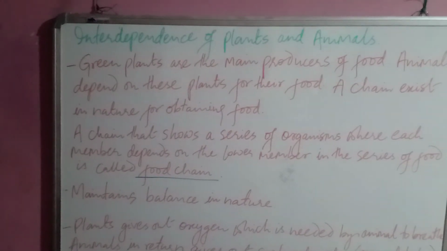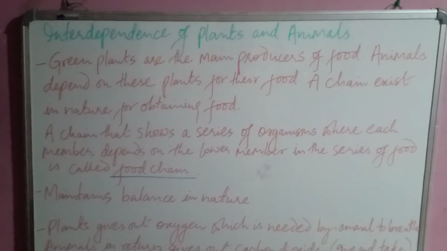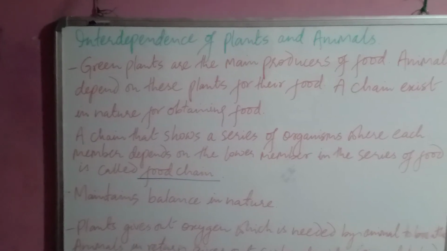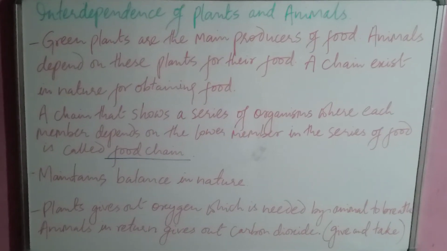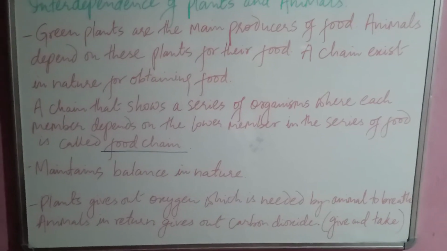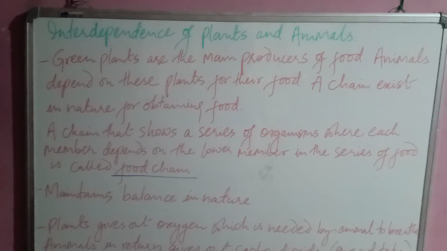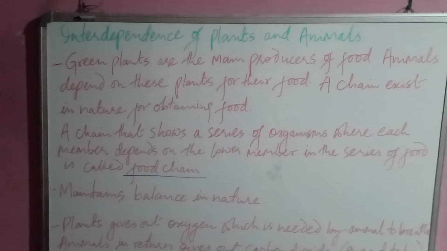So it shows that these foods are interrelated or interdependent on each other. Thus a chain that shows a series of organisms where each member depends on the lower member in the series for food is called a food chain. That means each member depends on the lower member of the series for their food.